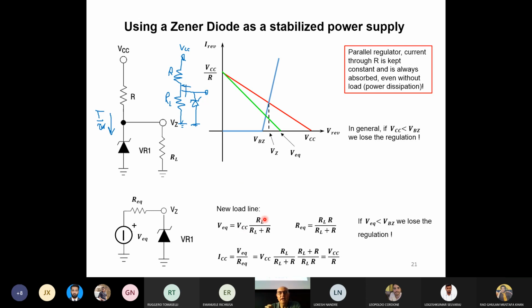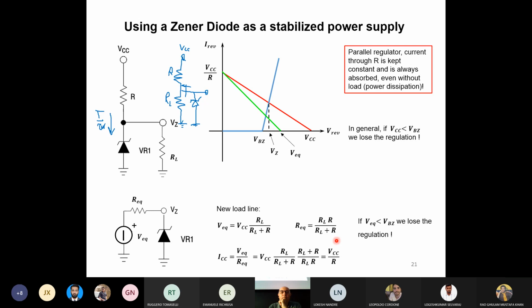VCC times RL over RL plus R. That's just the voltage divider formula. And that's the V equivalent. Do you remember what is the equivalent resistor? Simply the parallel of R and RL. And that's the formula. Equivalent resistor is RL times R divided by RL plus R.